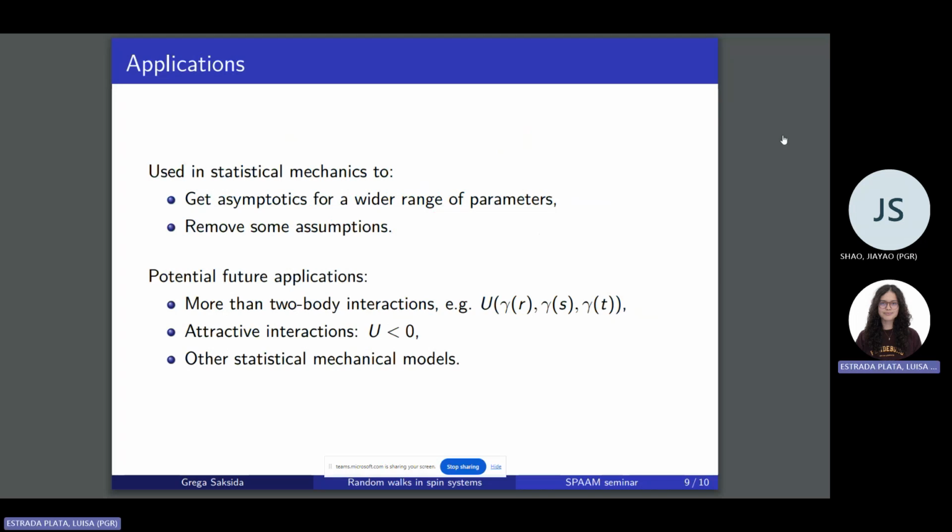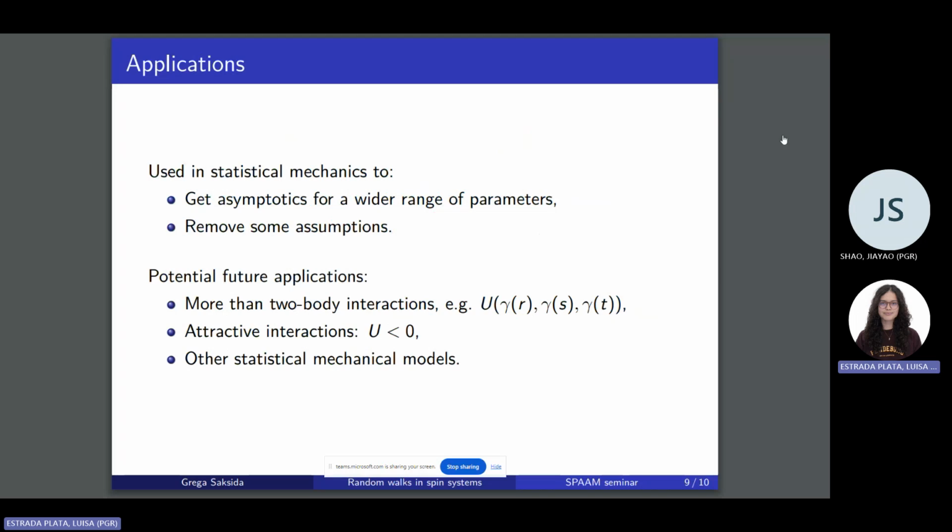And then maybe potential future applications would be that we could try to study more than just two-body interactions. So imagine this U depends on three or more parameters. This could also translate into studying modern statistical mechanics models that have more complicated interactions built into them. We could try to study attractive interactions.